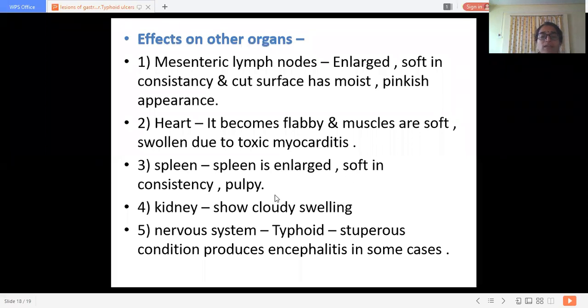What is cloudy swelling? Would anyone explain what cloudy swelling is? Yes, Pranjali.